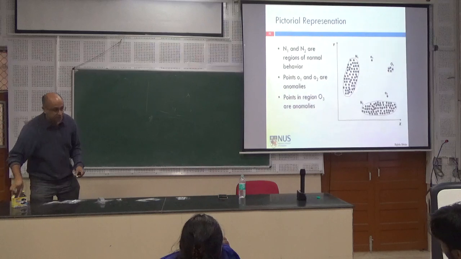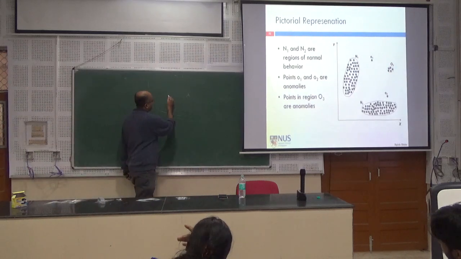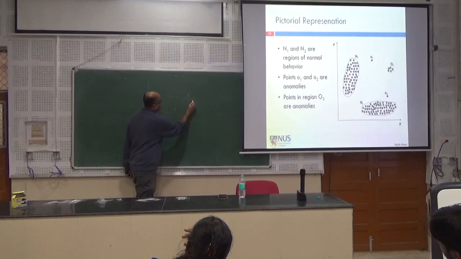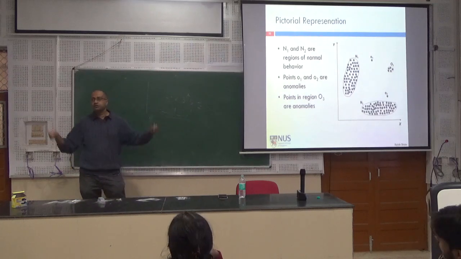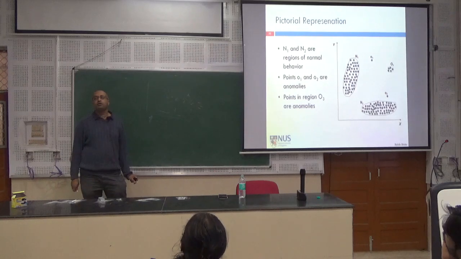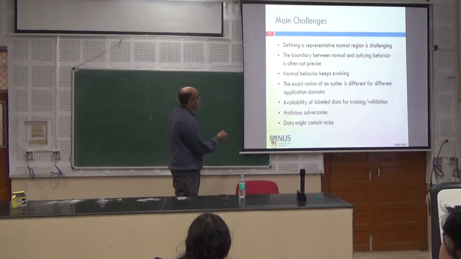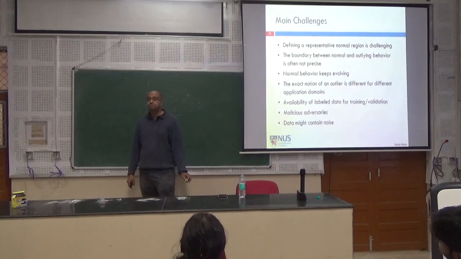Now my job is to draw a line that classifies it. So where should that line be? Here, or here, or somewhere here. All of those lines work. But which is the right line? I don't know, right? So the boundary between abnormal and normal may not always be very precise.